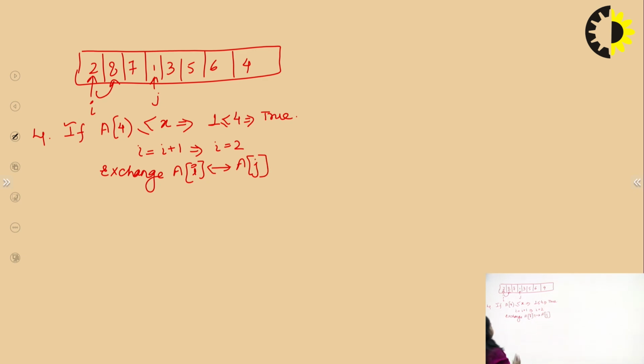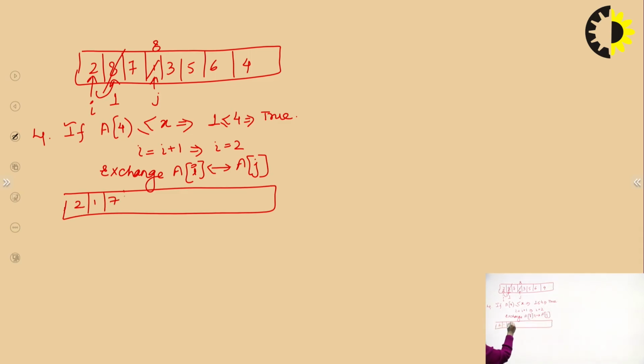So we can see that 8 is swapped with 1 and 1 is swapped with 8. Fine. After this, we will be getting an array as 2, 1, 7, 8, 3, 5, 6 and 4. This is R. This is P. This is I. Now j comes on the next location, right?